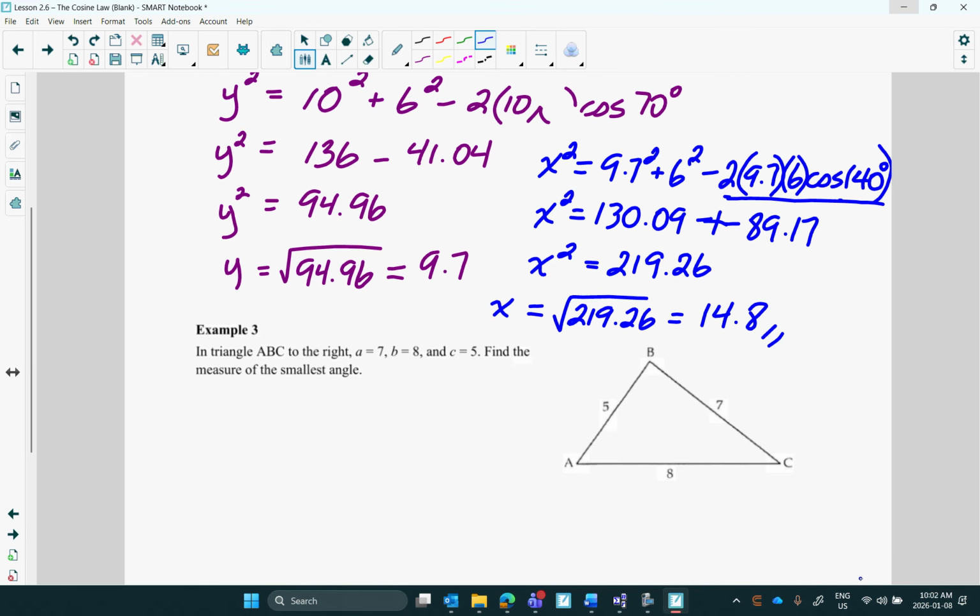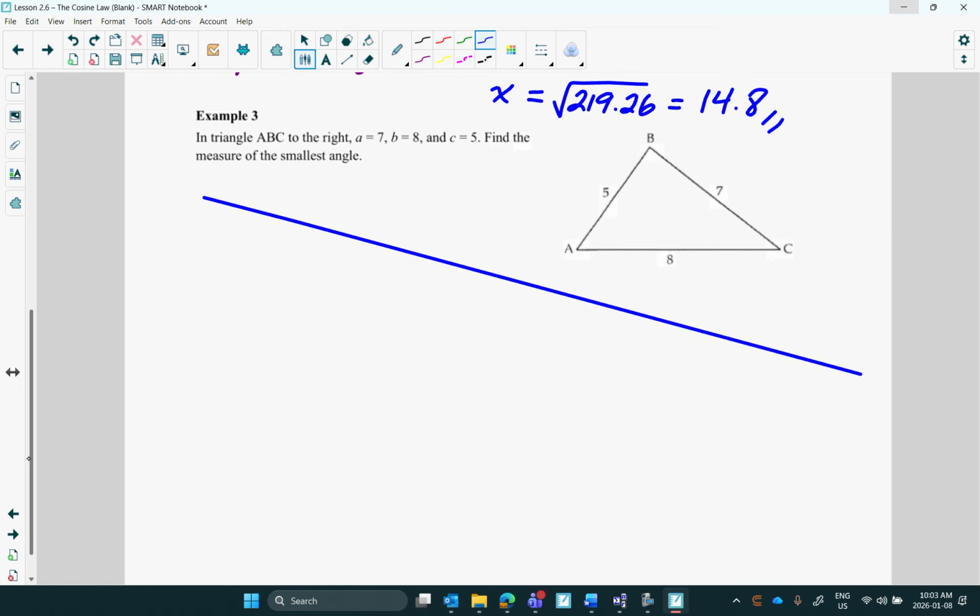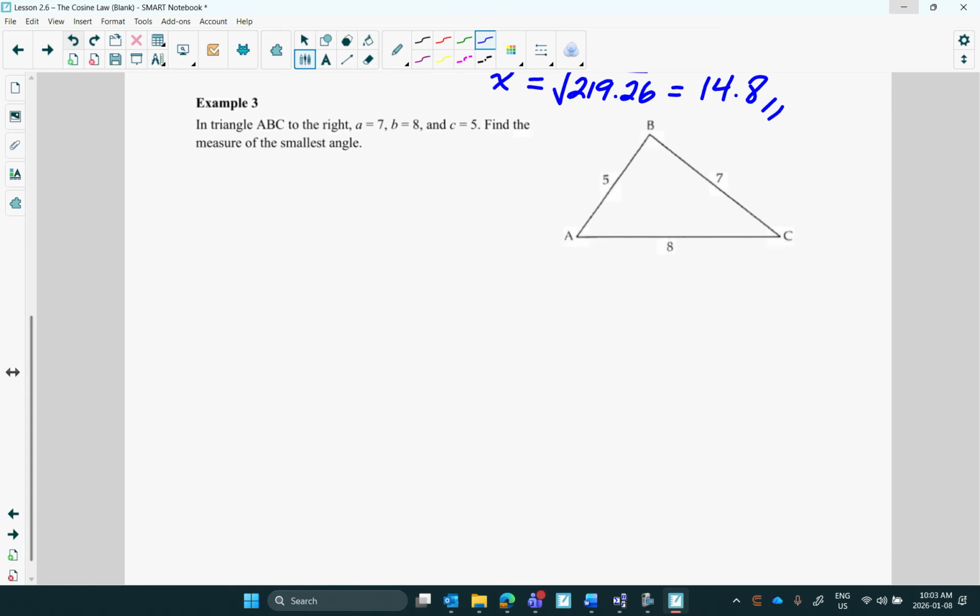We can also use cosine law to find a missing angle, but there's only one case. If we're given all three sides and we're asked to find one of the angles. Okay? Which this one is. A formula for doing that, which again, you will get.